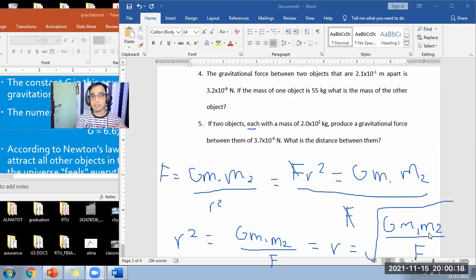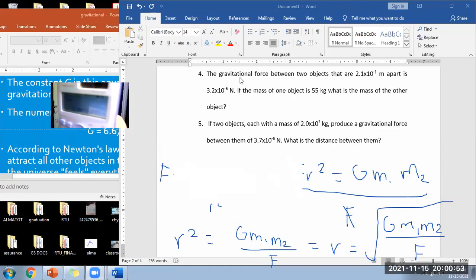Tapos each with a mass, so yung M1 tsaka M2 pareho lang 2.0. Kasi each yun na hindi isahan lang. So 6.67 raised to negative 11 times 2.0 raised to 2 times 2.0 raised to 2 divide 3.7 raised to negative 6. Tapos solve yun, then square root. So ano makukuha natin value? How many meter?